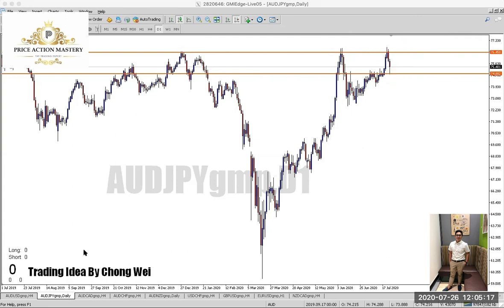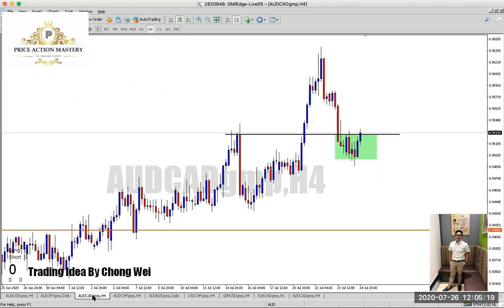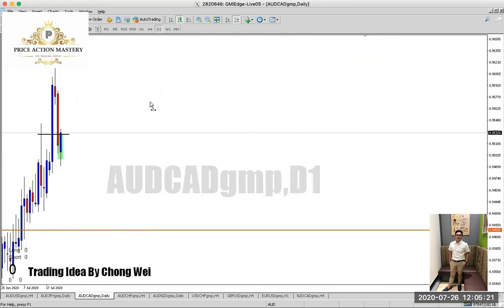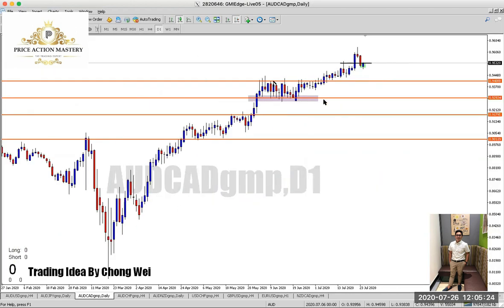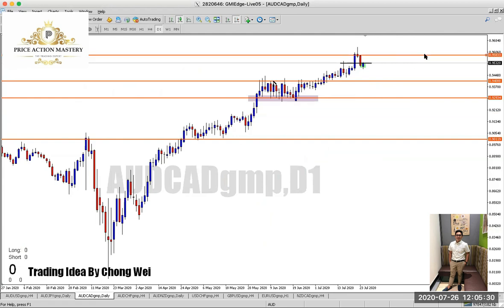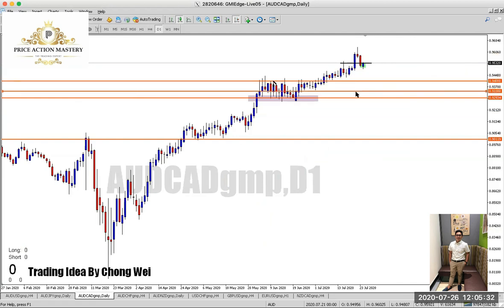For the next pair, our Aussie Cad pair. Let's look in. Yes, obviously very clear, still in an uptrend. Let me find a key line first.